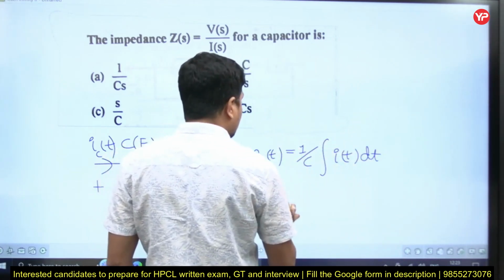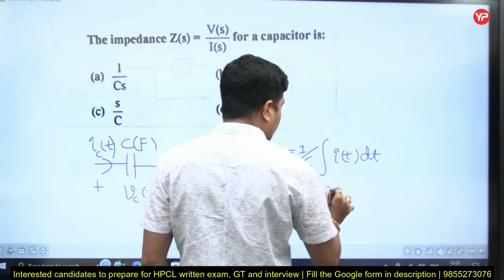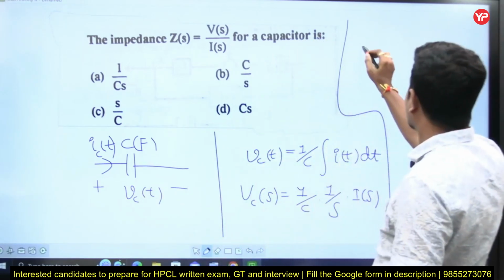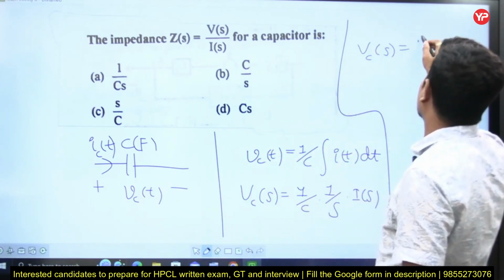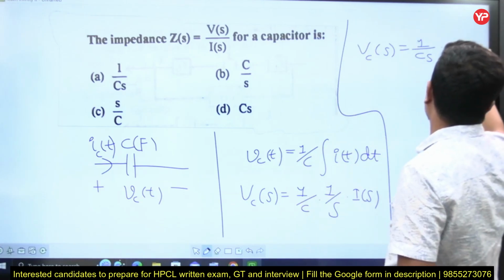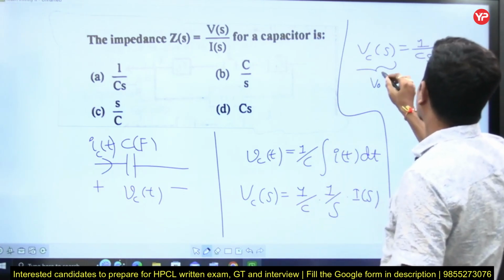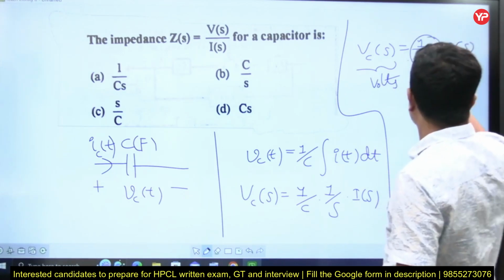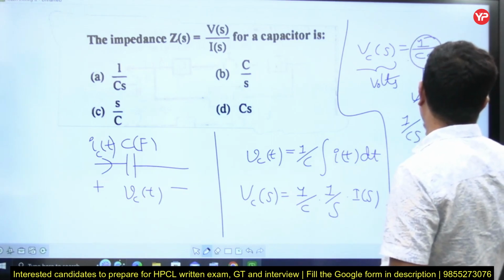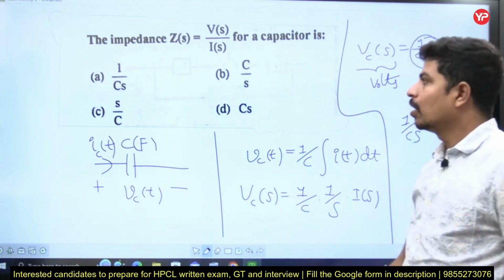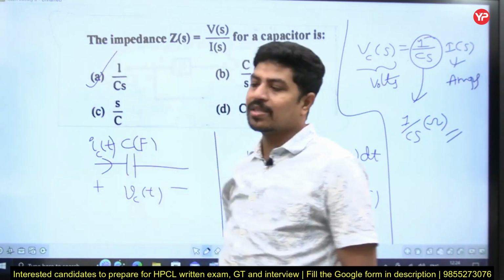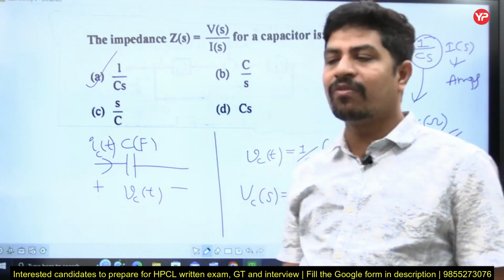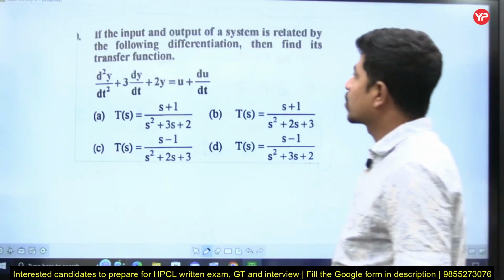So Vc(S) is equal to 1 by C into integration is 1 by S into I(S). So Vc(S) is equal to 1 by CS into I(S). This is in volts, and this is in amps. Then definitely the units of this 1 by CS must be in ohms. So 1 by CS is impedance. Capacitance in the S domain is represented with 1 by CS, which has units of ohms. Let's go to the next question.